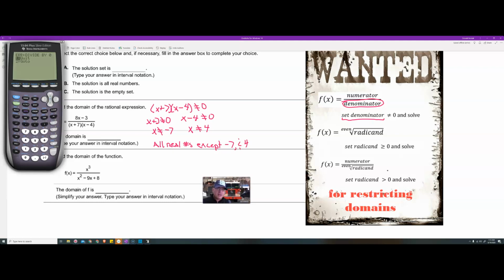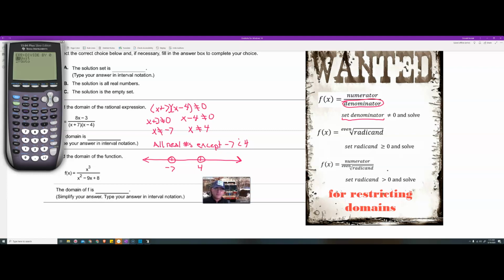If we're going to write it in interval notation, think of a number line. And I'm going to mark on it -7 and +4. I'm going to put a circle at -7 to show that it's out of bounds. Can't use it.